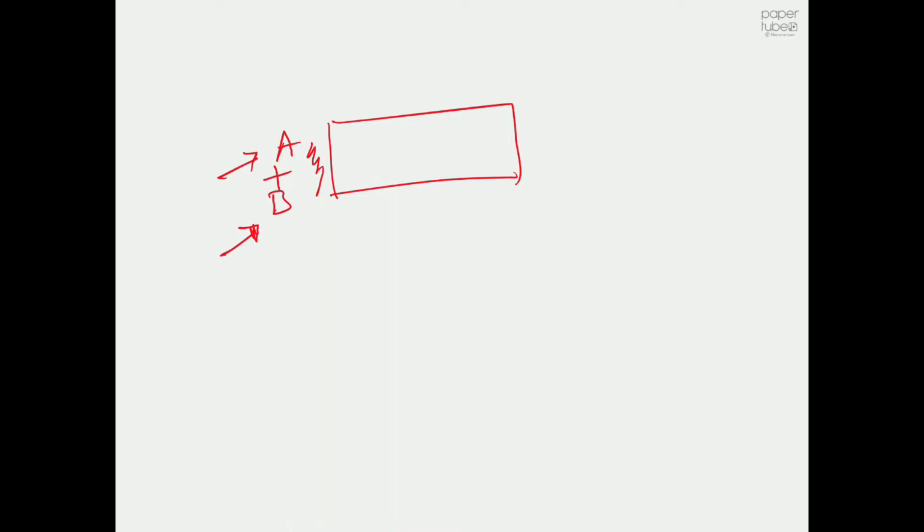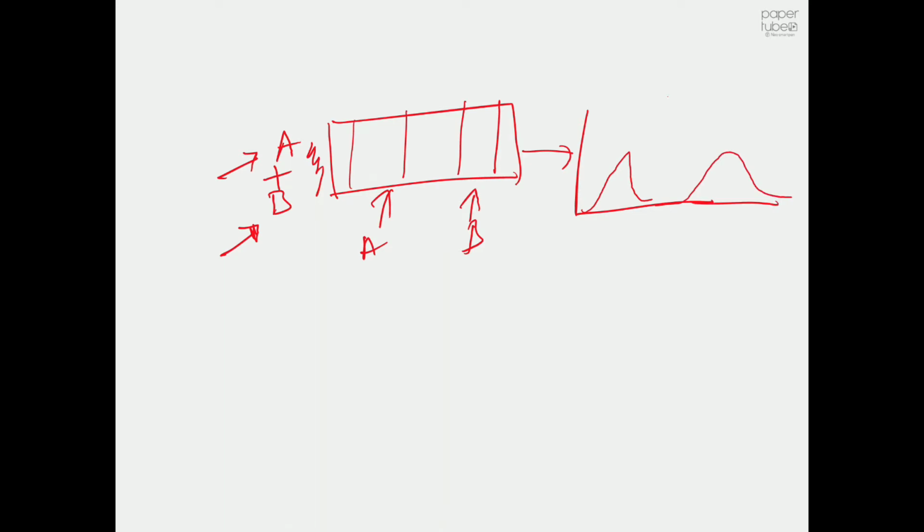So A should travel individually and B should travel individually. At the end of the day you collect B and then you collect A. There should be a clear separation between compound B and compound A. This is really important.